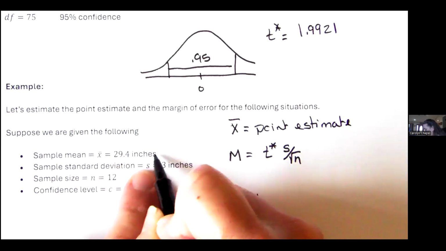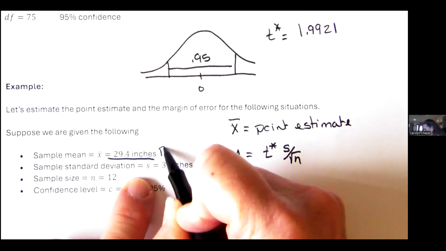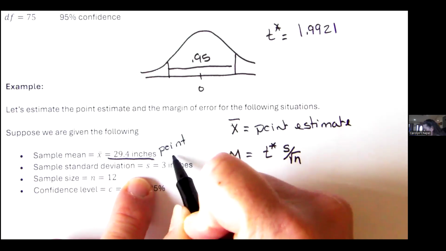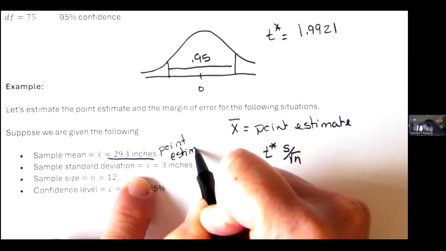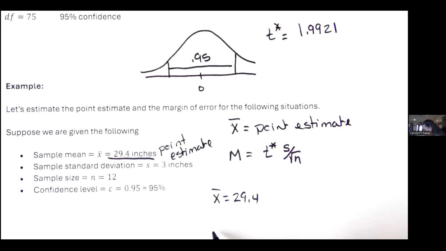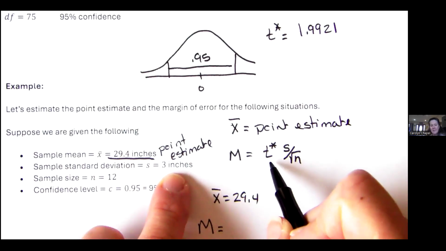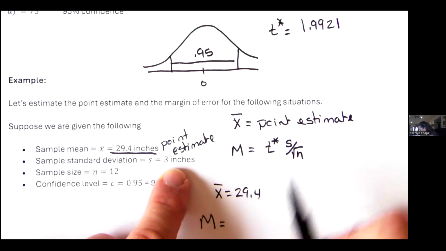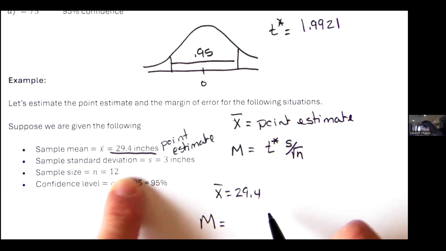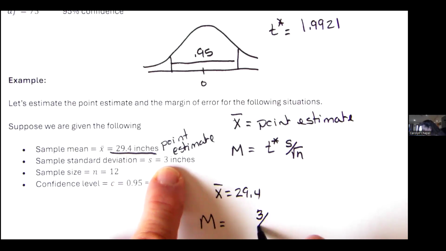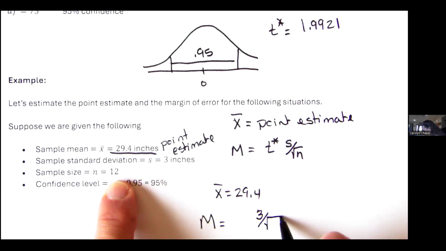So there's our point estimate right there. And our margin of error, well, we'll have to find our T star for this particular situation, but our S is 3 and our sample size is 12.